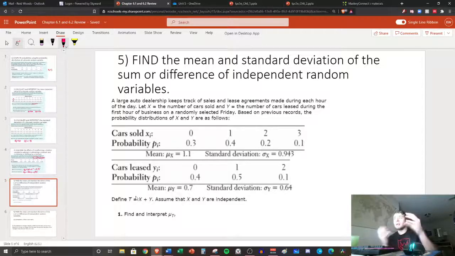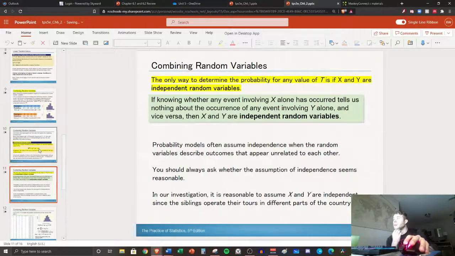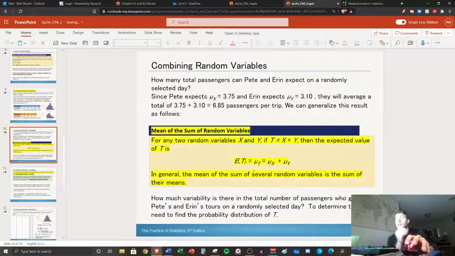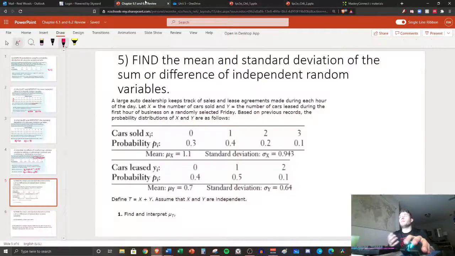So we want to combine them. We want to find the combined means. So we have the means here. They already calculate them for us. So how do we find the new mean? Well, we're going to reference our formula here. For any two random variables, X and Y, the expected value of T is going to be adding those two means together. That's a pretty simple formula.